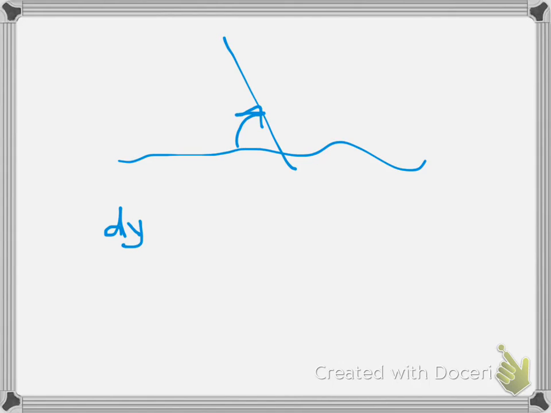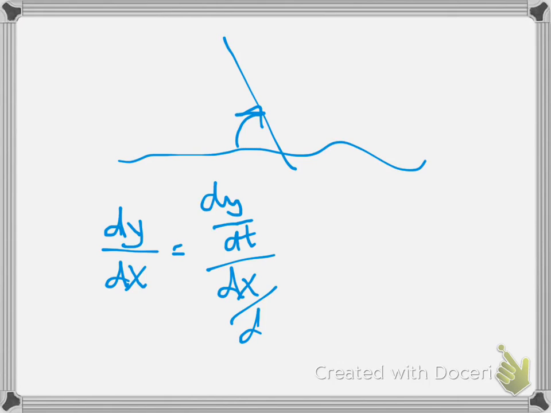So you look at dy over dx is equal to dy over dt divided by dx over dt. And we want to do this when the diver hits the water. So, you can put this little vertical bar here, and you put when t is equal to a.